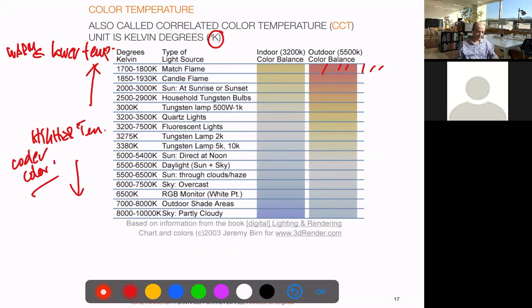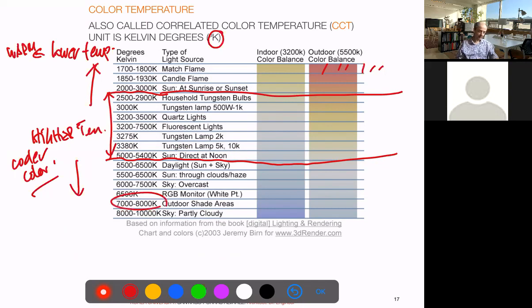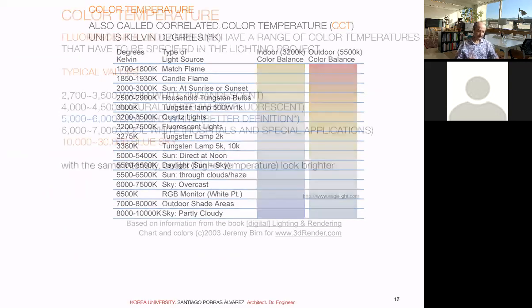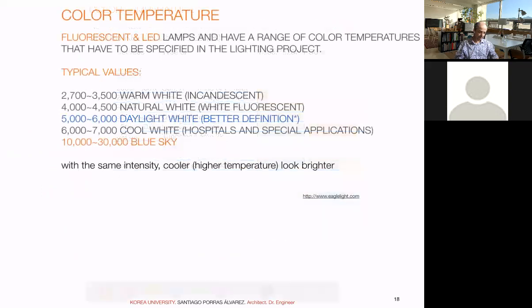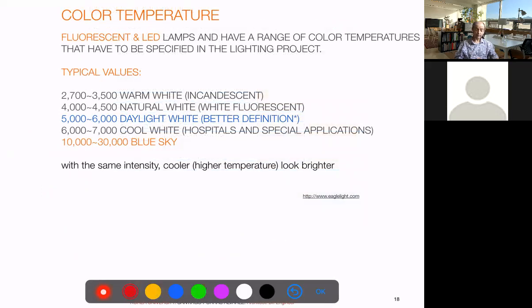And most artificial light is between 2500 and 5000 probably, right? It is the range you can buy. Sunshine is the highest, of course, and fire is the warmest color we have. In commercial terms, as we said, you can usually buy between this range.